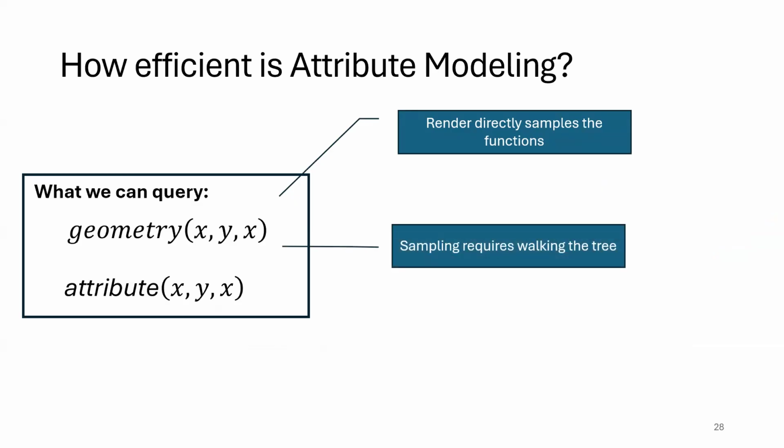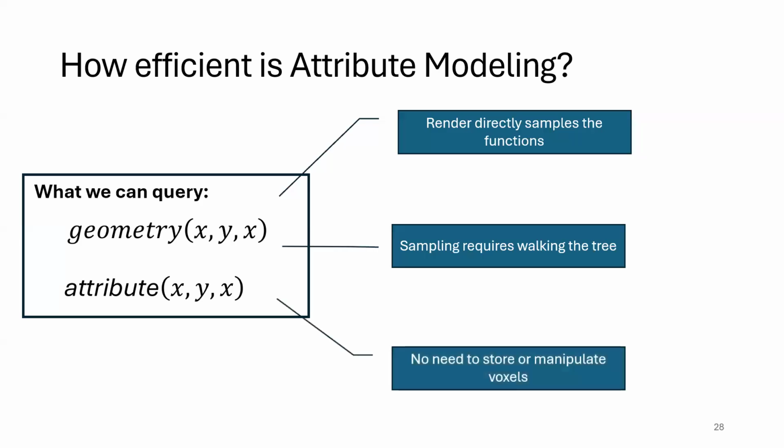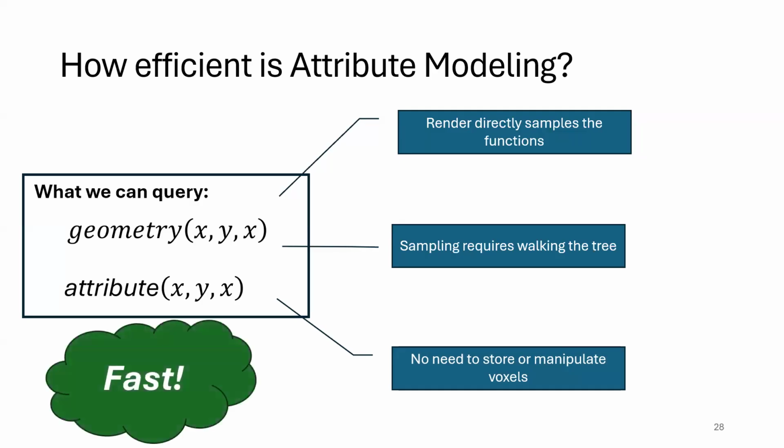As long as our tree complexity doesn't get too long, and in the case of most designs, we'll have a handful of different nodes connected. The important thing here is we don't need to store anything except our tree. We don't need to store voxels, and we don't need to manipulate those voxels directly. All we need to do is sample the tree whenever we're ready. So the answer really is it's fast, right?